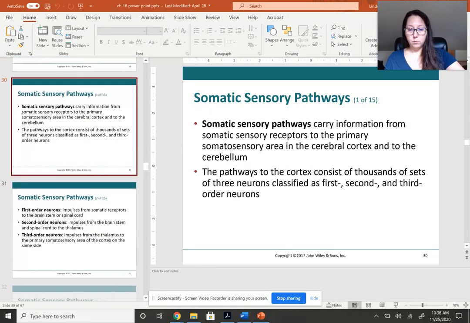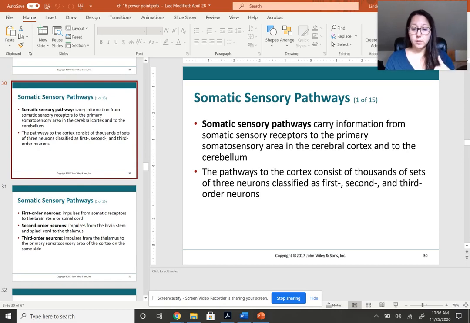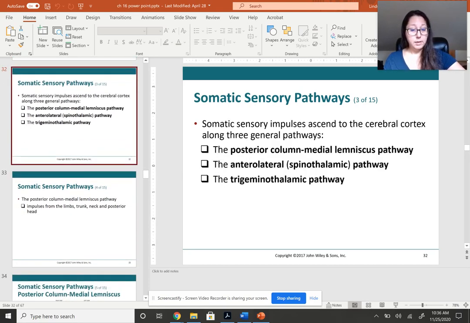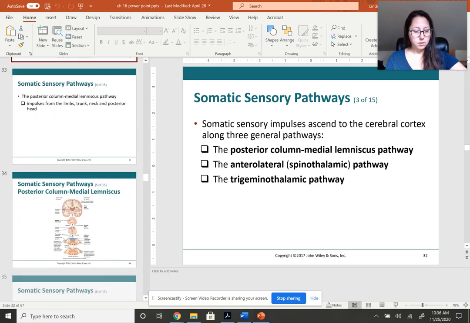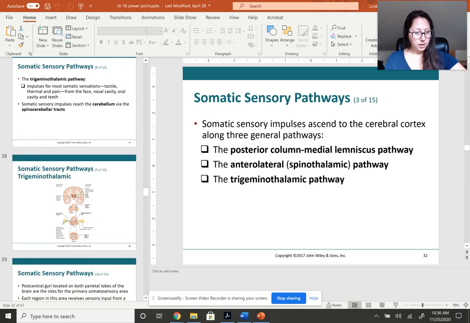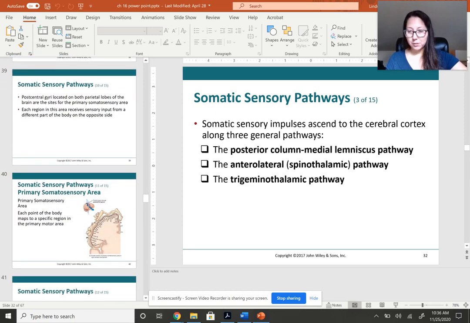So somatic sensory pathways, of course, carry information from those sensory receptors to the central nervous system. I think you guys know that. There are a number of pathways, but I'm not asking you to memorize them. I just really like these pictures here.